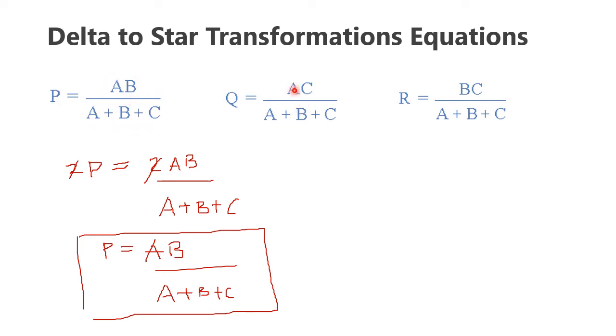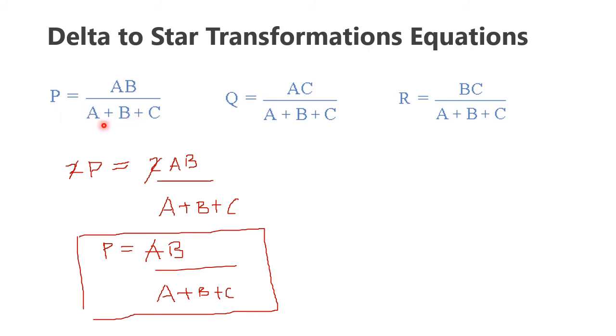So likewise we can get for the Q, Q will be equal to AC over A plus B plus C. And if we get the relationship for the R, R will be equal to BC over A plus B plus C. So when we convert a delta network into a star network, the denominators of all the transformation formulas are the same.